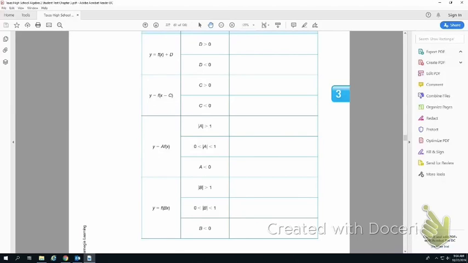First, looking at the d value, the number at the very end of the equation. If that d value is positive, which direction is it going to move the graph? Up. And a negative d value is going to move it where? Down.